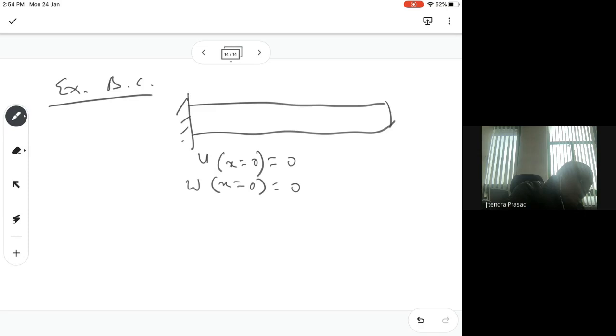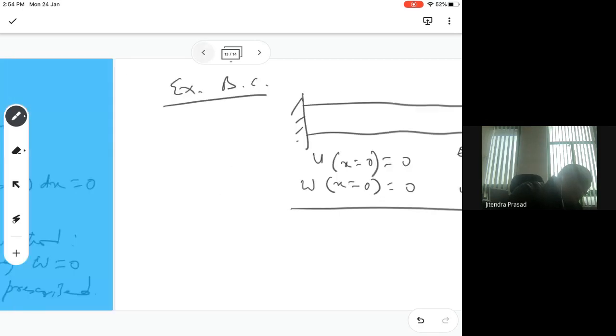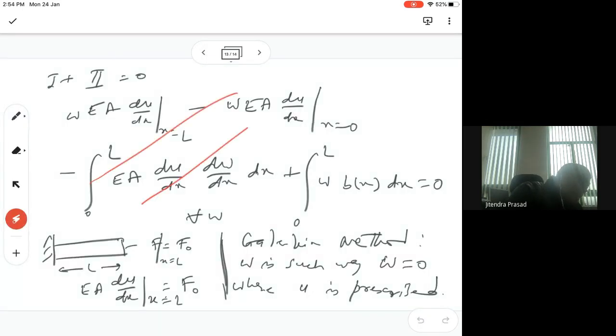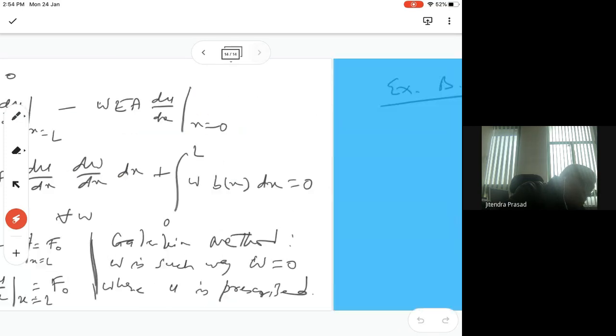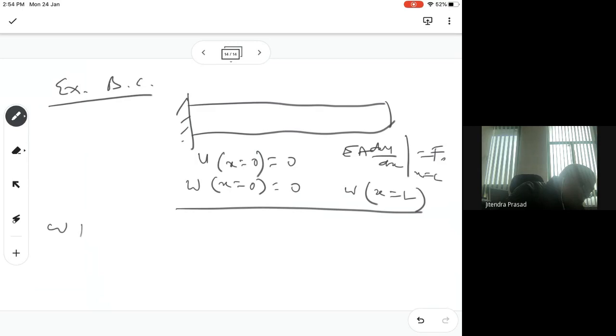Second one here, F is defined, or you are saying EA du over dx at x equal to L equal to F naught. So here we don't know what W is, right? Here W will not vanish, and W will be whatever value it is at x equal to L. If you apply these conditions over the weak formulation, then this is nothing but F naught, so we get W F naught.